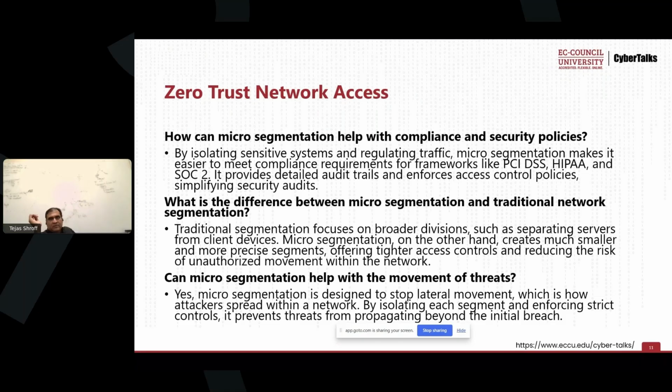Let's take an example of, say, a university or an office building. You entered once, but that doesn't give you access to move around freely, right? Even though you used your access card and got inside the building, you still have to prove that you have the access.